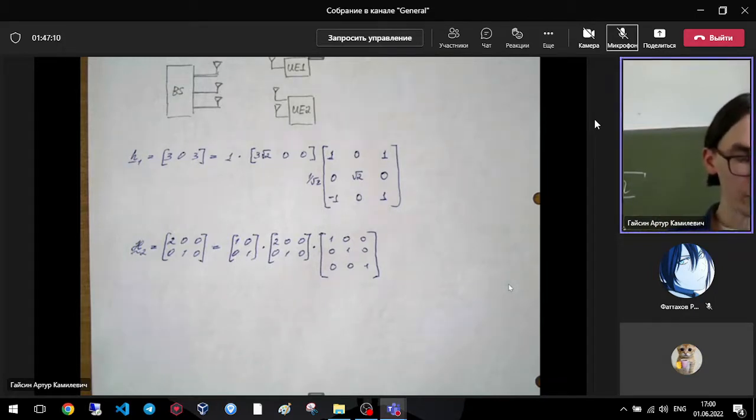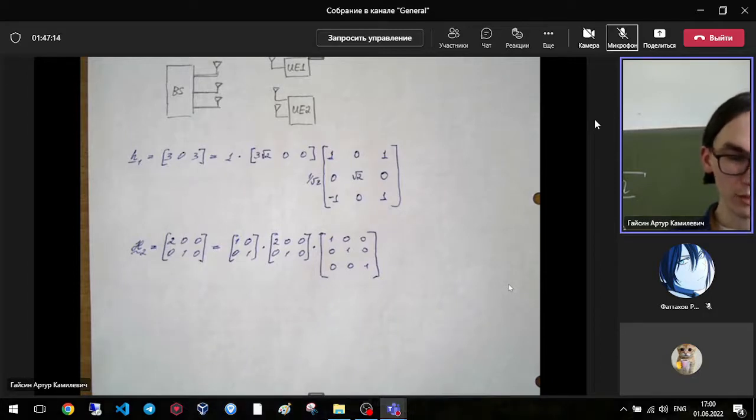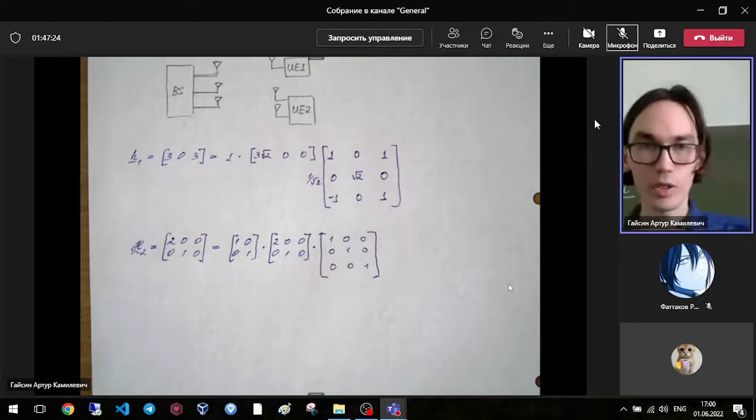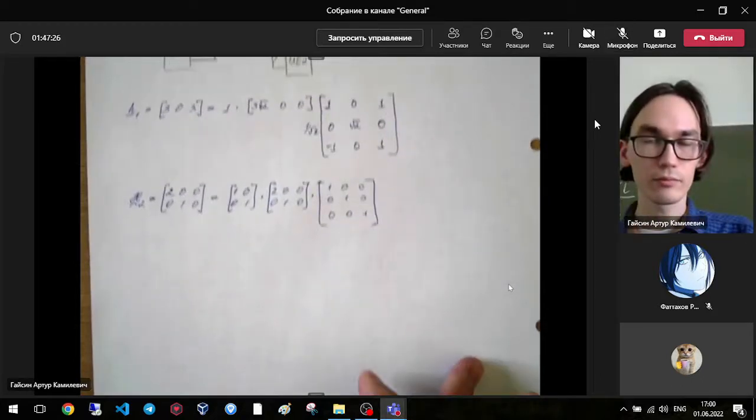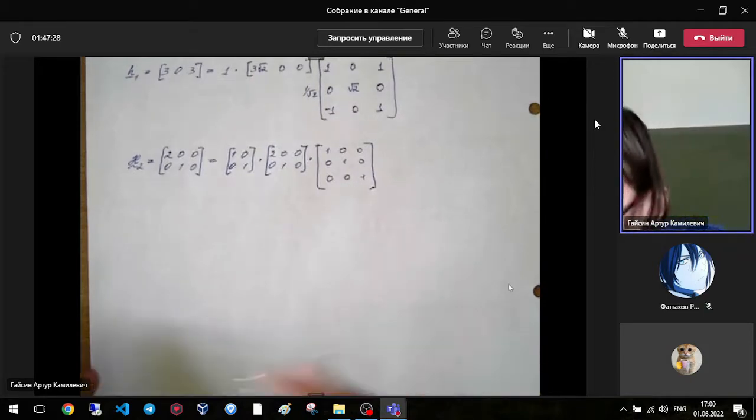So let's assume that our first subtask is a calculation of a projection matrix, or maybe let's first, okay, I will write it as follows.